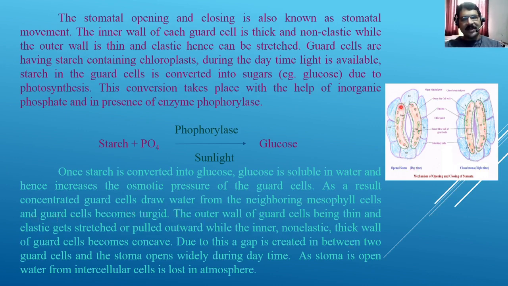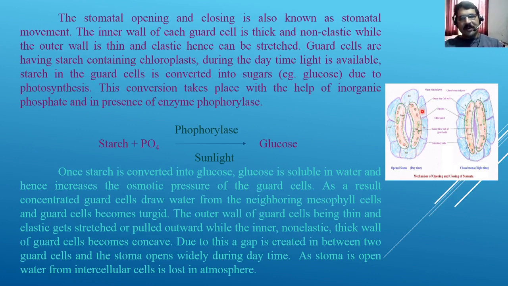So you can see here, once starch gets converted into glucose or sugar, as we know sugars are soluble in water, this glucose gets dissolved in the water present in the guard cells and the osmotic pressure of these guard cells increases. We may say these guard cells become more concentrated as compared to the surrounding mesophyll cells, and due to that the water from the surrounding mesophyll cells enters into the guard cells by the process of endosmosis.